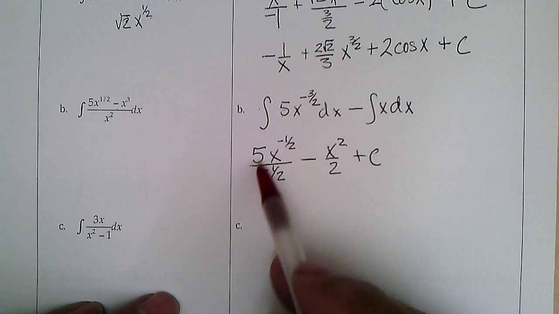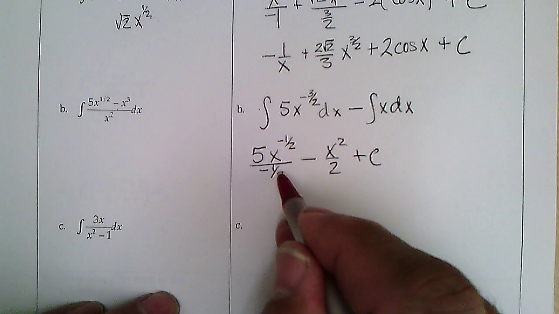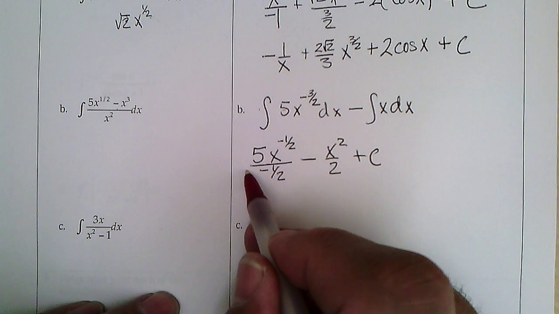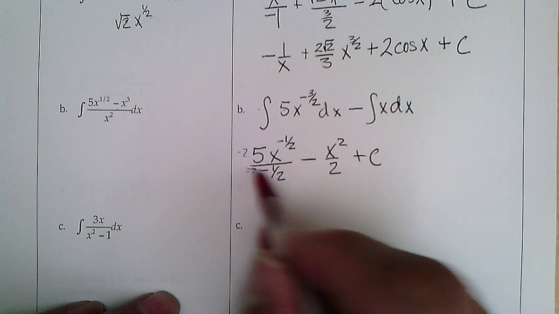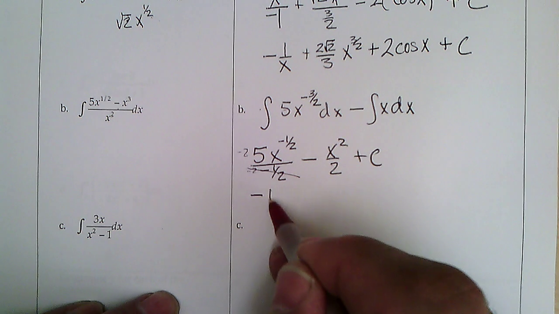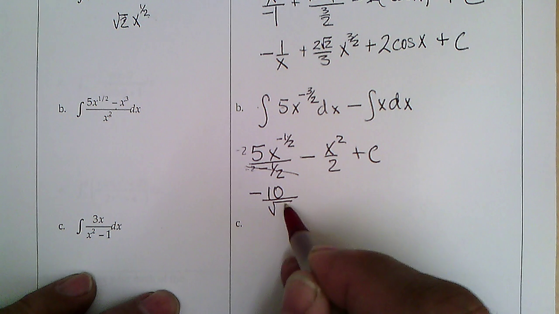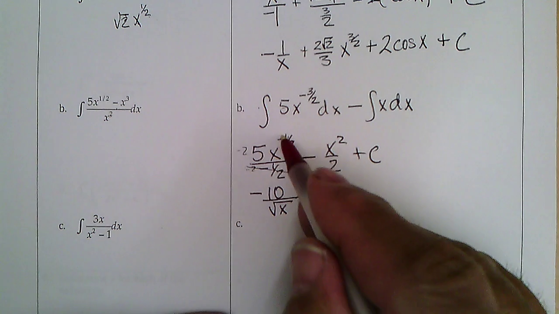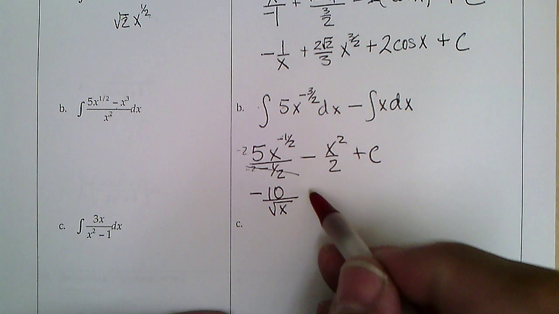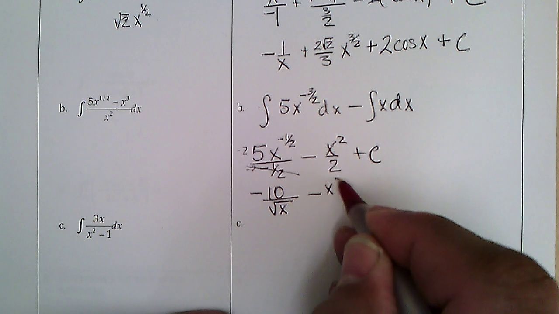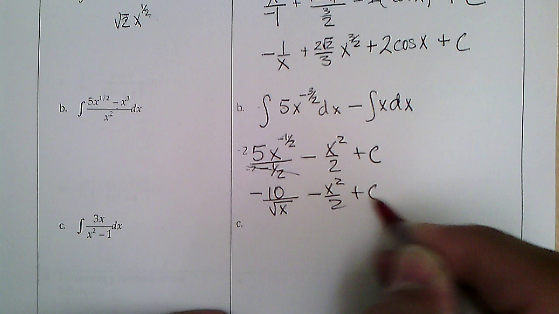If I multiply by negative 2, that cancels that, and that makes it negative 10. X to the minus 1 half is square root of x in the denominator. The negative puts it down, and half is square root, minus x squared over 2 plus c.